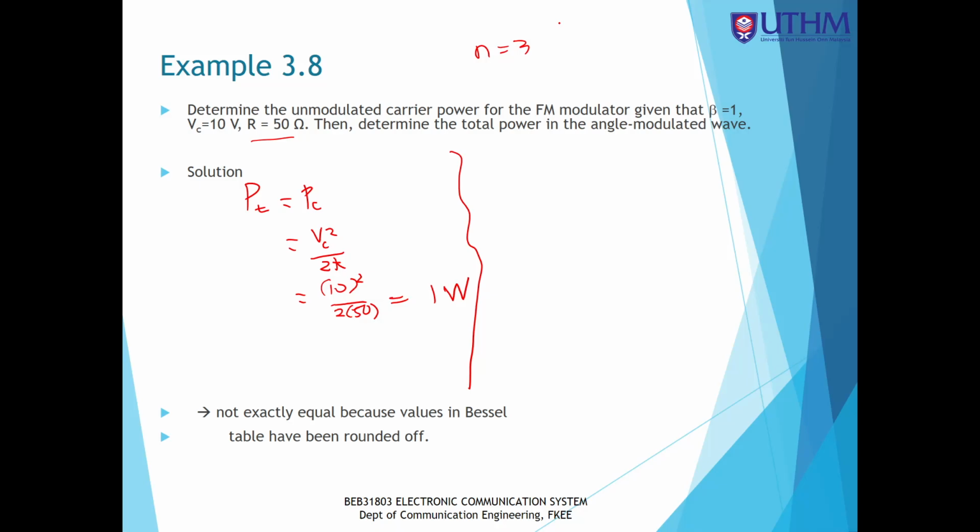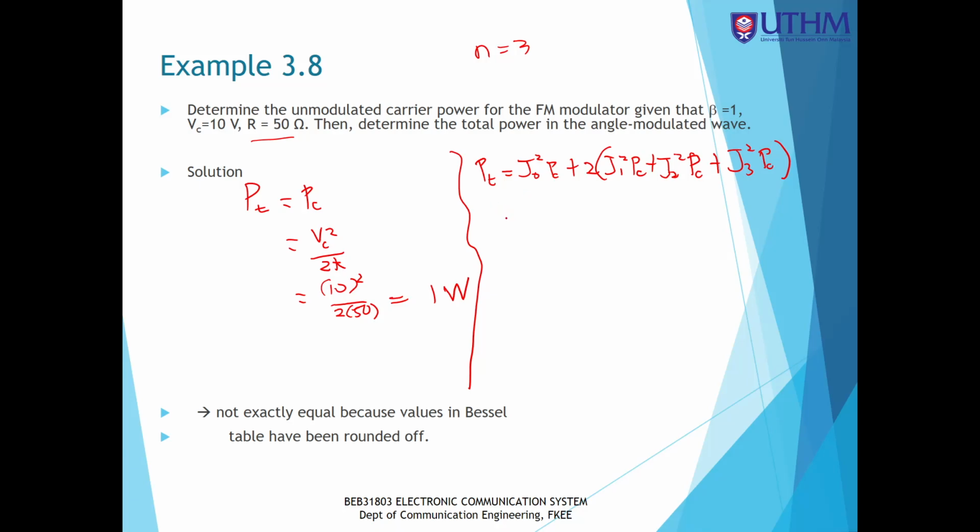I already remember the J values, so you can look into the table. So P total is equal to J0 square PC plus 2 times J1 square PC plus J2 square PC plus J3 square PC, up to 3.